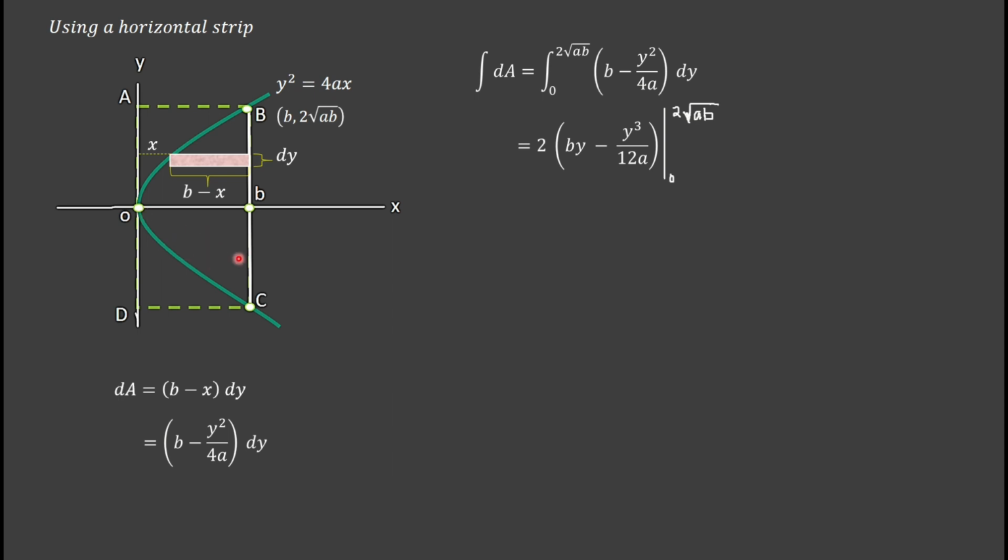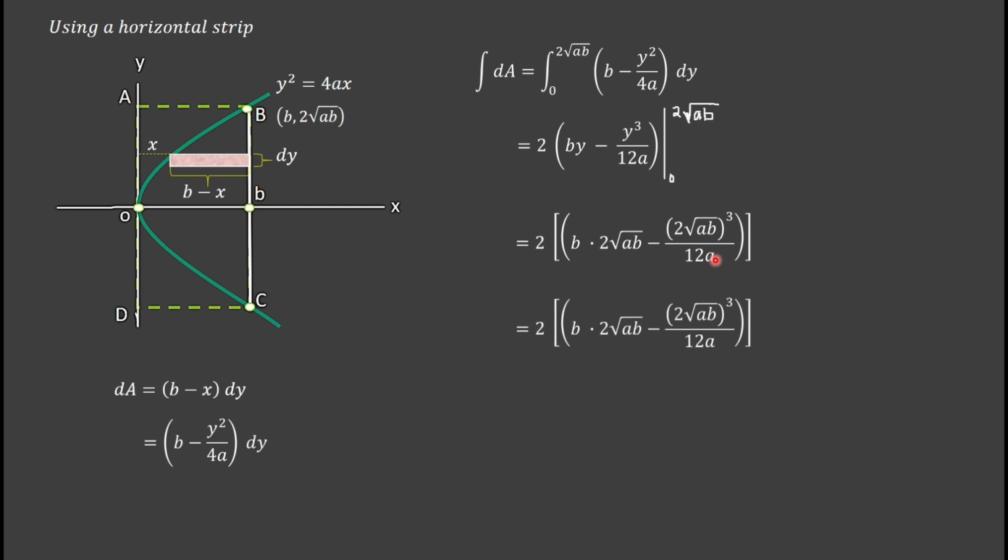Because we need to get this area, this portion. Then substitute the upper limit, so that is b times 2 square root of eb minus the quantity of 2 square root of eb to the power 3 over 12e. So simplify: 2 open brackets times 2 e to the power 1/2 b to the power 3/2 minus 8 e to the power 3/2 times b to the power 3/2 over 12e.